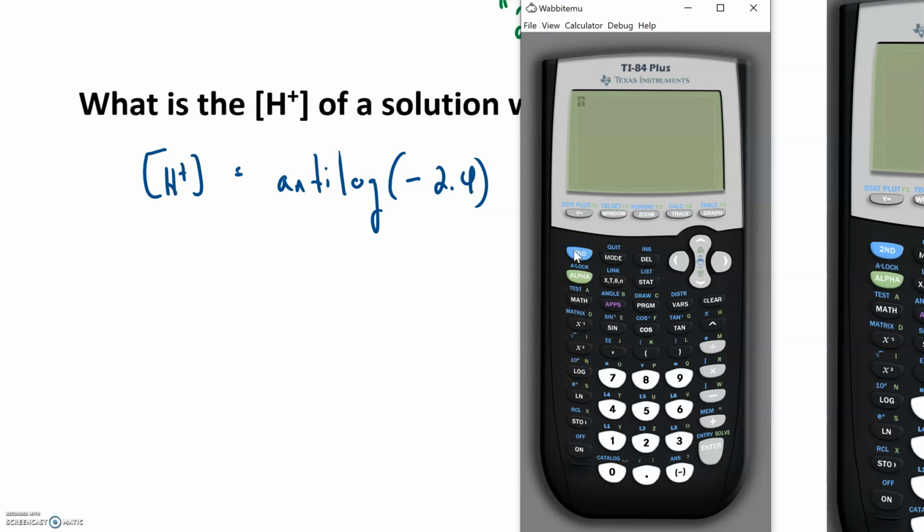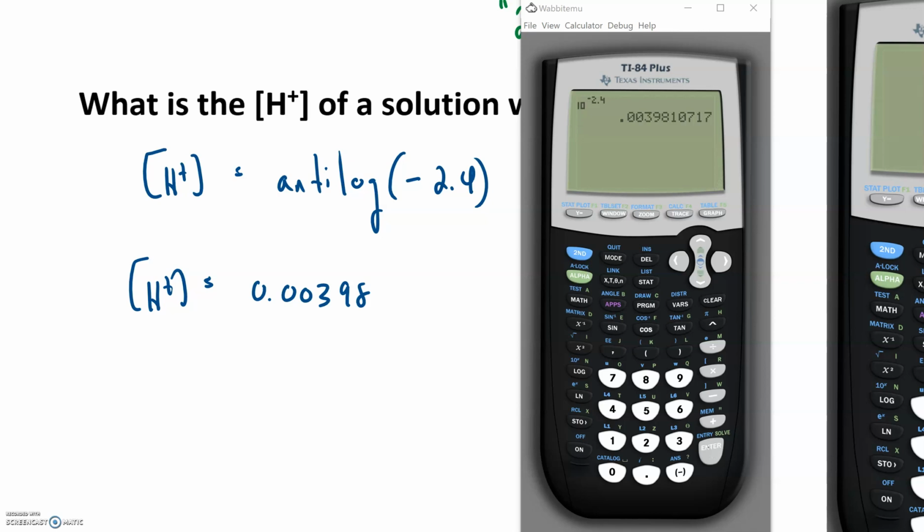I'm going to hit second, log, negative, I'm not using the minus sign, I'm using the negative sign, 2.4. What this tells us is that our concentration of H plus in this solution is 0.00398. You can leave it like that, and that's totally fine.